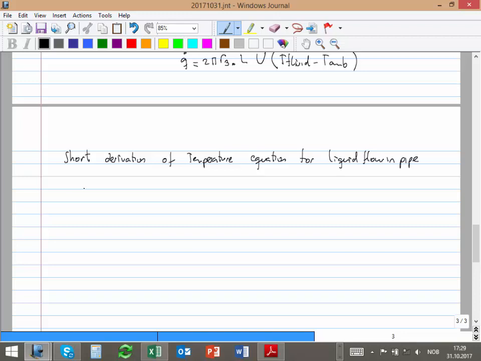We have basically this differential equation: dq/dl equal to dh/dl plus d(v²)/dl plus dz/dl times g, all of that times the mass. This is the first law of thermodynamics.